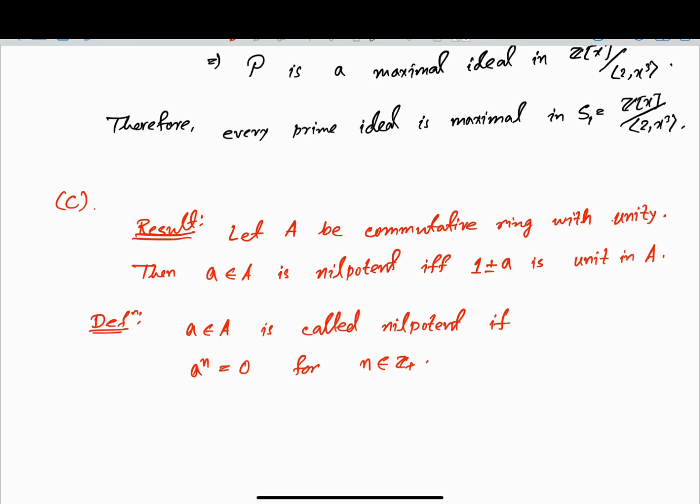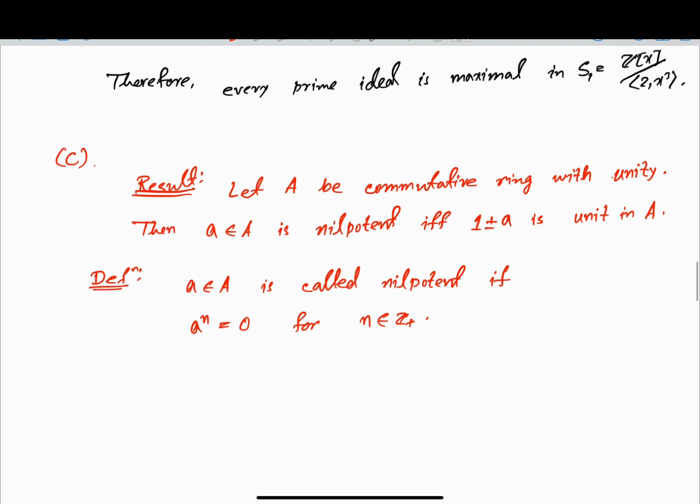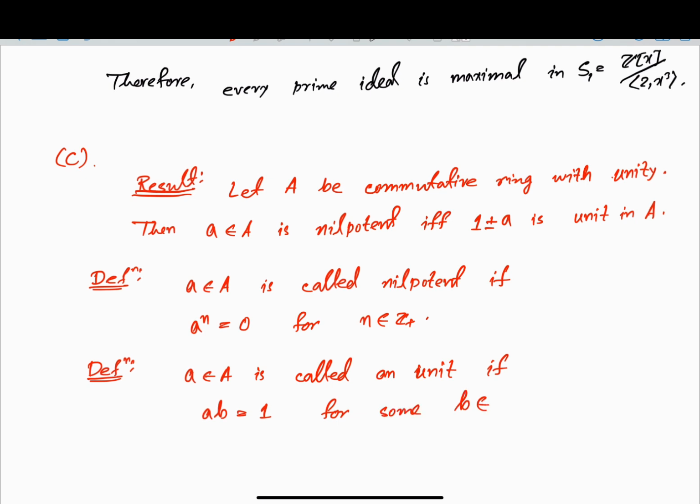And let me write also the definition for a unit. a belonging to A is called a unit if ab equals the identity element for some b in the ring A, right?